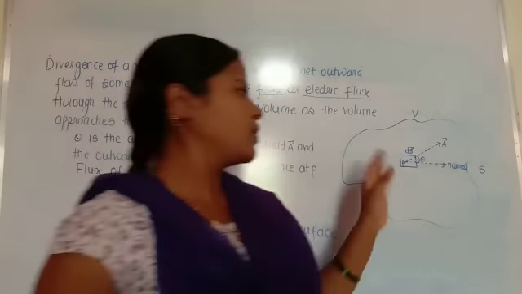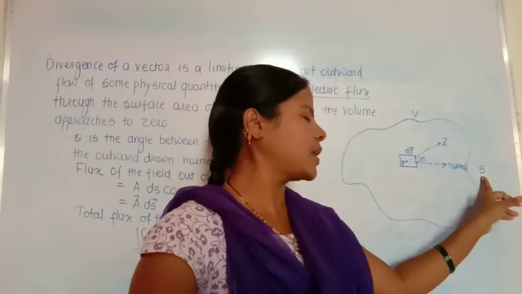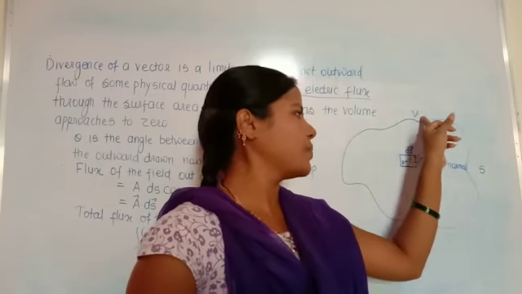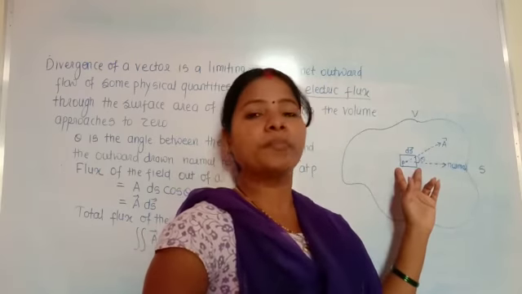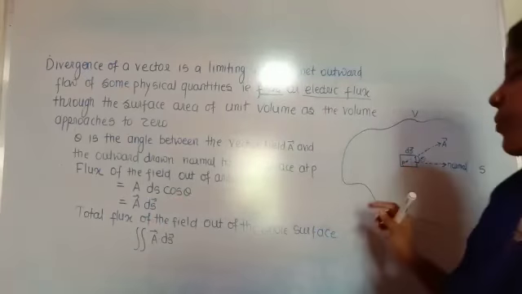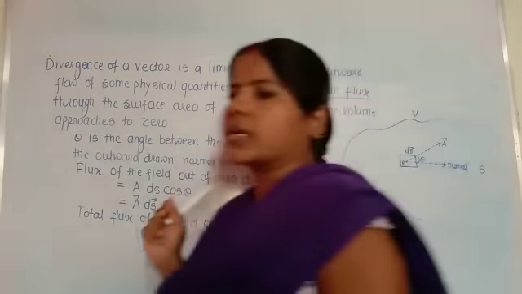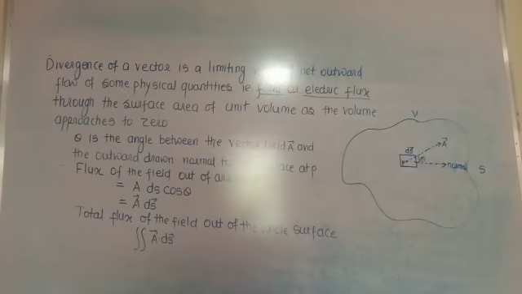I hope you understand. Here we are considering a volume, with surface area S and volume V, and in that we are considering point P. Let ds be the vector representing a small area surrounding point P, its direction being that of the outward normal drawn to the surface.